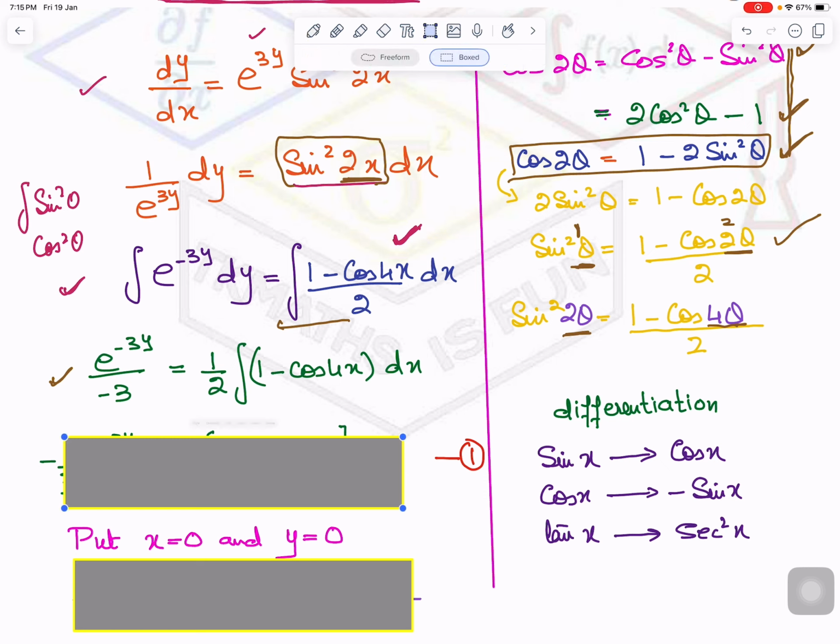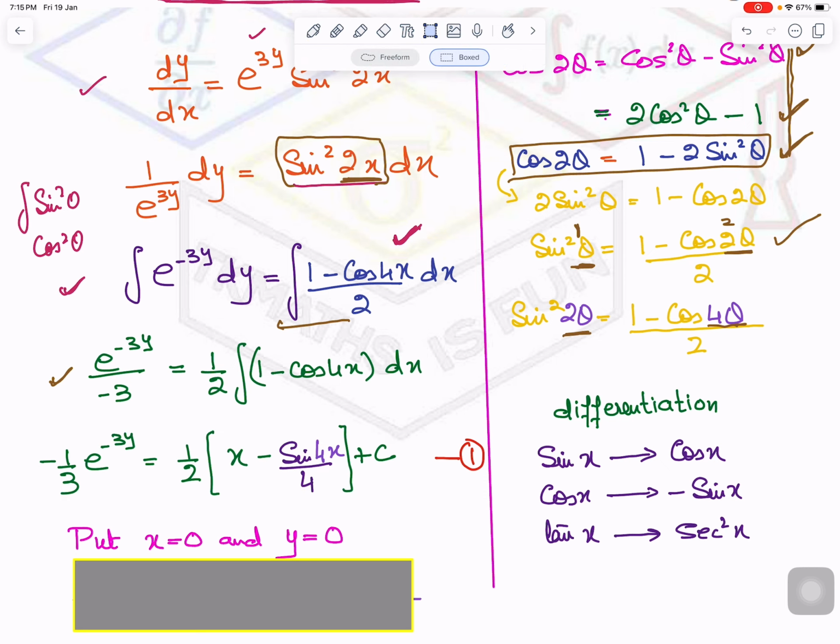After that, integration of 1 with respect to dx will be x, and cos 4x will be sine 4x divided by 4. I have written here to remind you, when we differentiate sine x, it becomes cos x, cos x becomes minus sine x, tan x becomes sec square x.